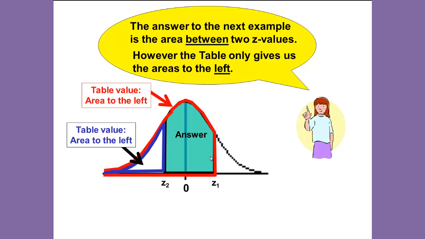If we look up the second z-score, notice it also gives us the area to the left, the area outlined in blue. Again, that is not the area we're looking for. Actually, it's the tail of the red area, and notice what we have as we look at that.